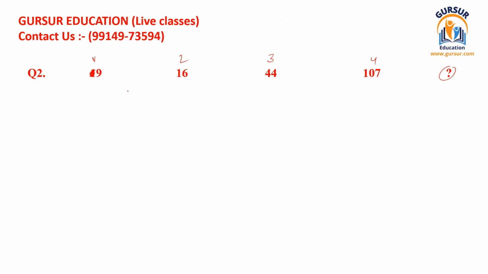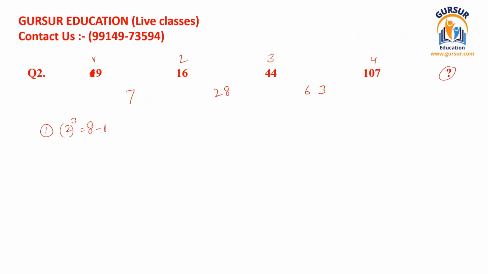Now I'm going to write it here again. The first difference was 7, the second was 28, and the third one was 63. How do we get the value of 7? When you find the cube of 2, you get 8.